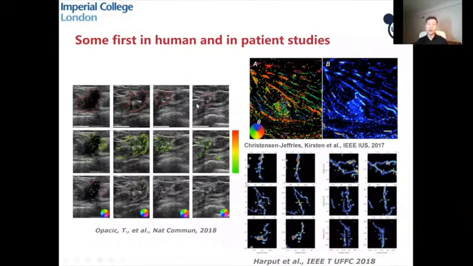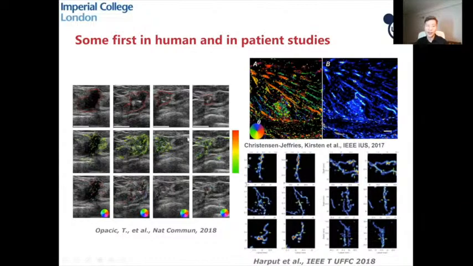Not only has this super resolution technology been used in animals in vivo, but it has also been trialed in humans. These are just some first human application examples. This is a result reported on a human testicular lesion.